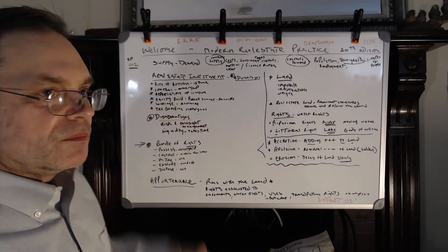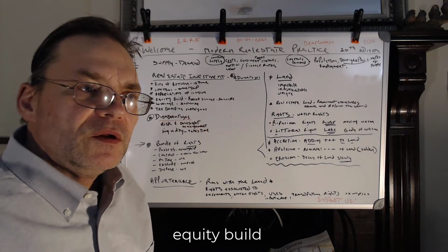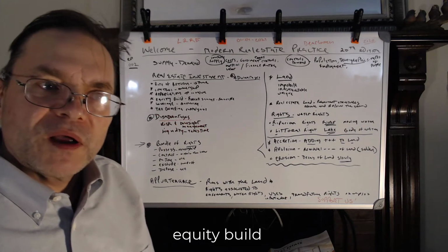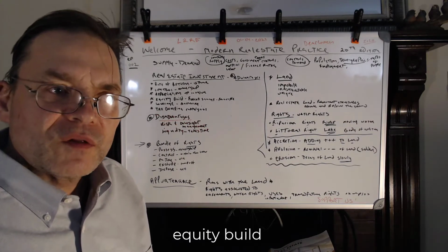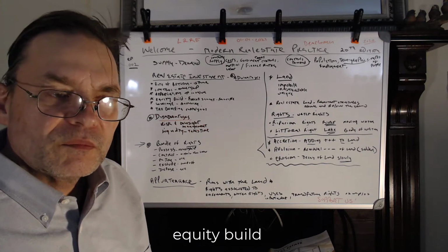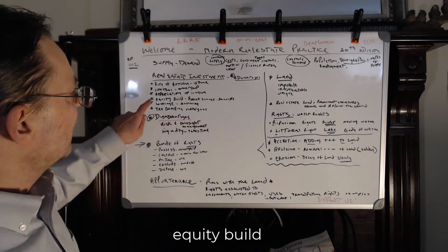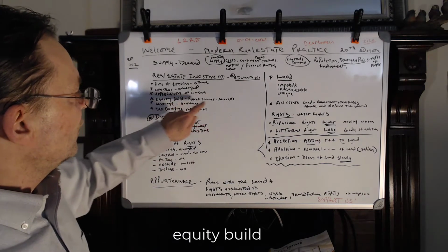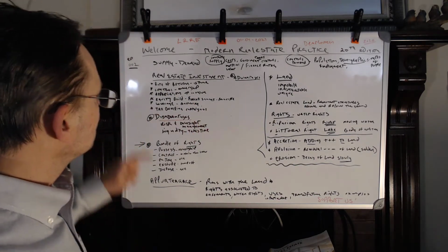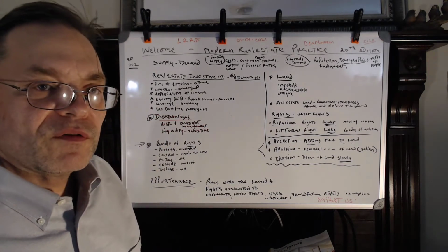The equity build means when you own property and you're paying on that property, you have somewhat of a forced savings by paying back that loan with equity and interest, but you're always having a build of equity. That's why we call it equity build, where you're paying back the principal on borrowed funds. You can also use your property for leveraging.